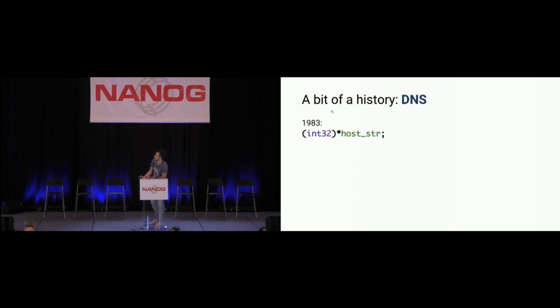So let's start with a bit of history. Back in the time of dinosaurs, which was like the 80s, humanity was struggling for a solution to a civilization-threatening problem of name resolution. On contemporary computers, you can still spot an artifact from that distant past, which is called a host file.